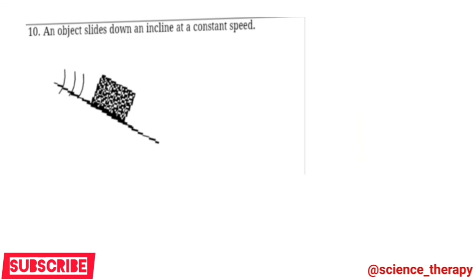Okay, number 10, they say an object slides down an incline at a constant speed. So here, there is no force applied. The object is just sliding down of its own accord, right? So having to draw the free body diagram here, faintly show the incline. So you can erase this after, right?